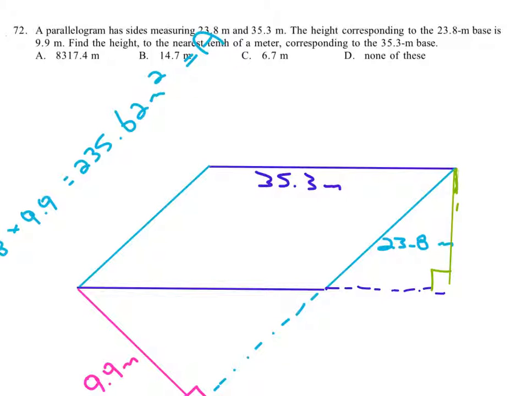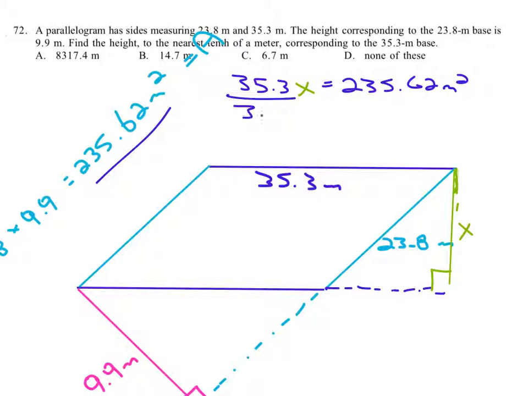So we'll say 35.3 times, and let's call that x, that missing length that we don't know, is going to be equal to the area that we already know right here, even though that's all kind of janky and sideways. We know that it should be 235.62 meters squared.